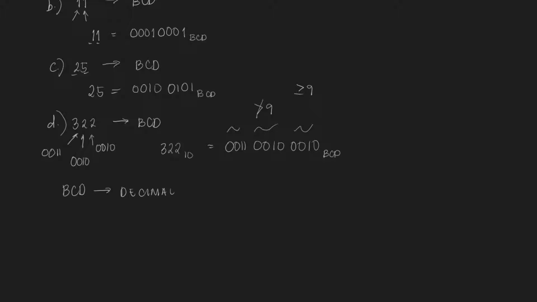All you need is to group the numbers by 4. For example, we have 1, 0, 0, 0, and then 0, 1, 0, 1, and then 0, 0, 0, 1. To convert that into decimal, you just group each number by 4 and write the decimal value of each group.